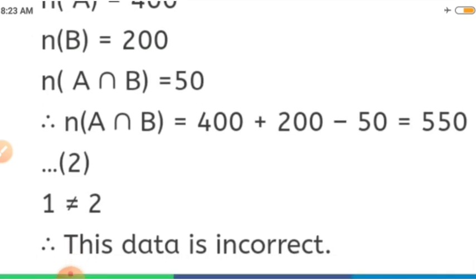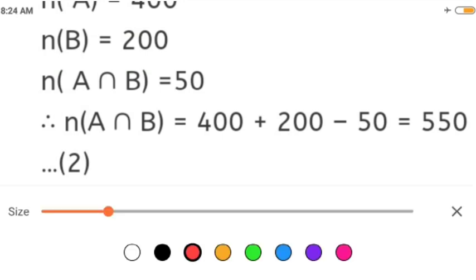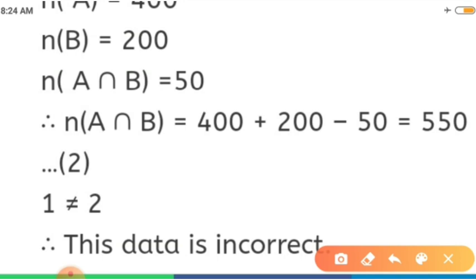Therefore, equation number 1 is not equal to equation number 2. Therefore, this data is incorrect.